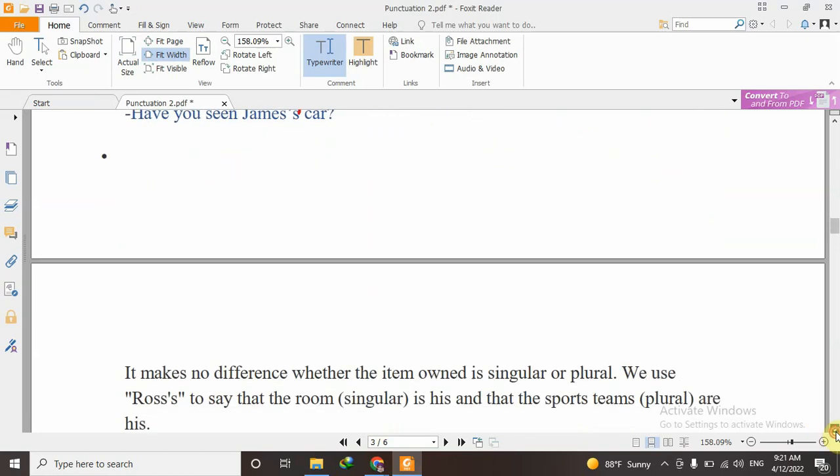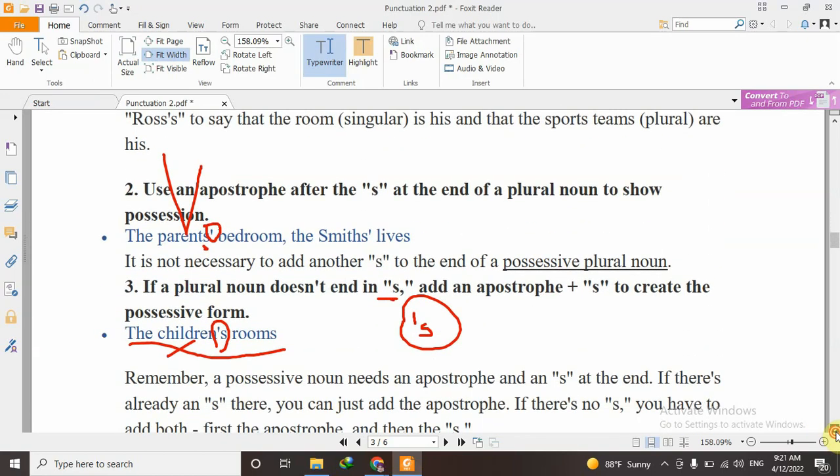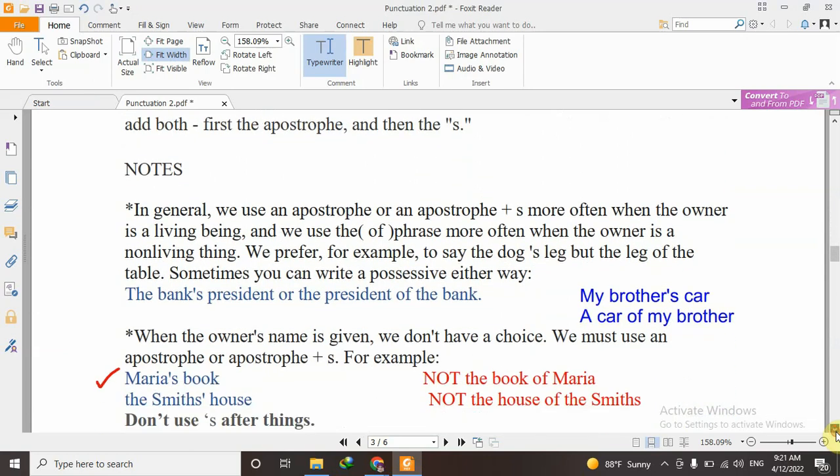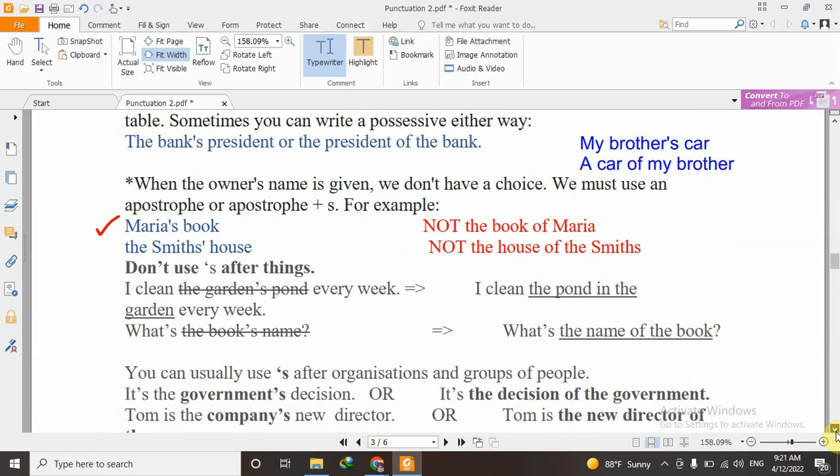Now we come back to our idea, which is the use of the apostrophe to add a non-living thing to another non-living thing. You cannot use the apostrophe. You have to use the word "of".